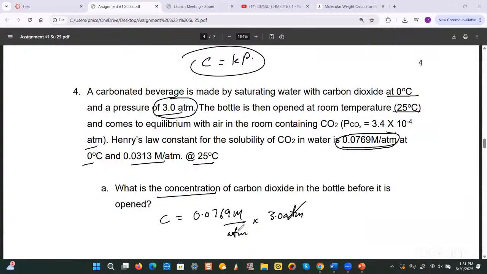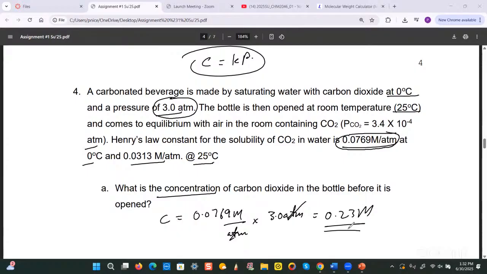The atmospheres unit will cancel out. So that gives us 0.0769 times 3. We have to round the answer off to 2 sig figs, so this becomes 0.23, and the units here would be M. That would be the answer for the first part. Any questions about that?